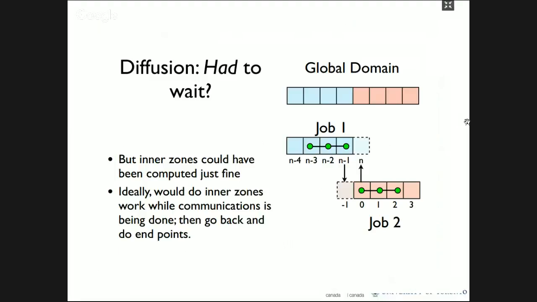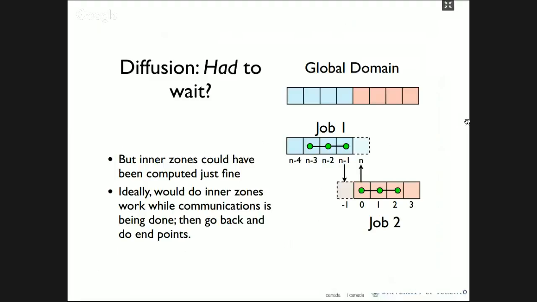But if you have a big cell with 10,000, it makes a lot more sense to break that loop up and loop over the interior, then come back, and you can do all that while the messages are going on. So you do the inner zones while the messages are in flight. In most real-world codes, like CFD and those types of codes, this is what's going on. You want to decouple that, because waiting for messages is unnecessary.